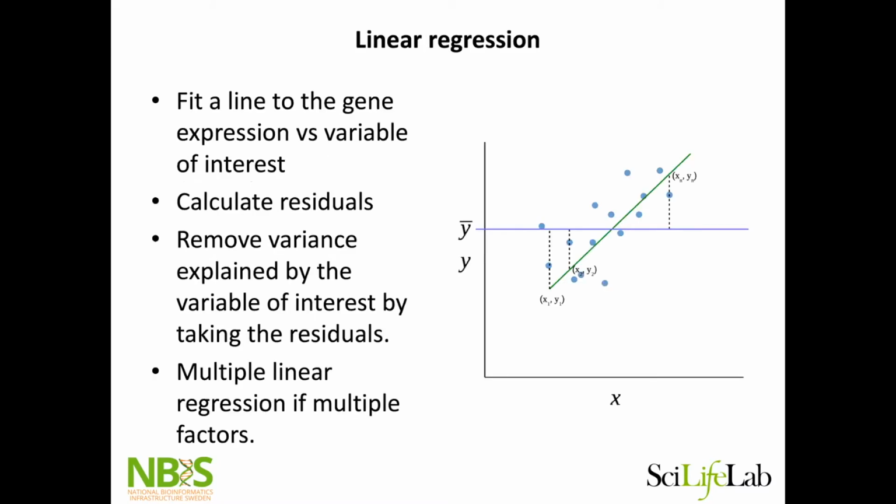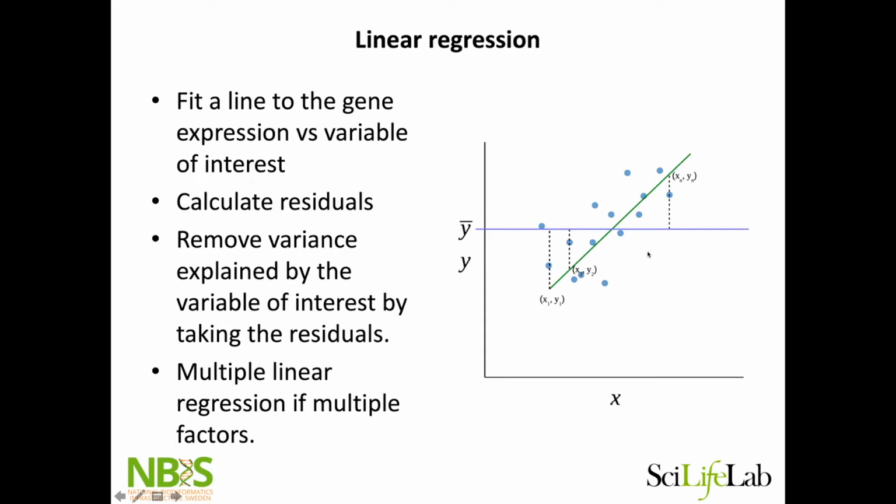And a common way to do this is simple linear regression. So the idea is that you take your data and your variable of interest, you fit a line to this data and you calculate the residuals.